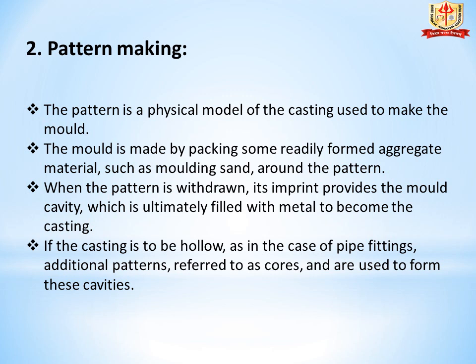Point number 3, when the pattern is withdrawn, its imprint provides the mold cavity, which is ultimately filled with the metal to become the casting. Point number 4, if the casting is to be hollow, as in the case of pipe fittings, additional patterns referred to as cores are used to form these cavities.